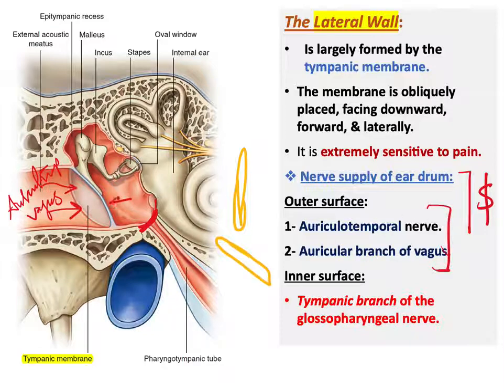While the inner surface is innervated by cranial nerve number 9, which is the glossopharyngeal nerve. There's a branch called the tympanic branch for the tympanic membrane, of course. So it's important.